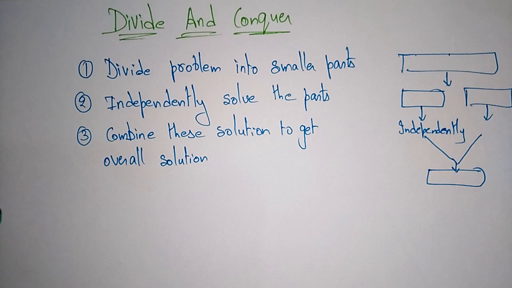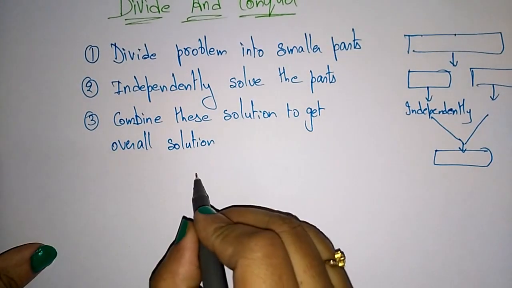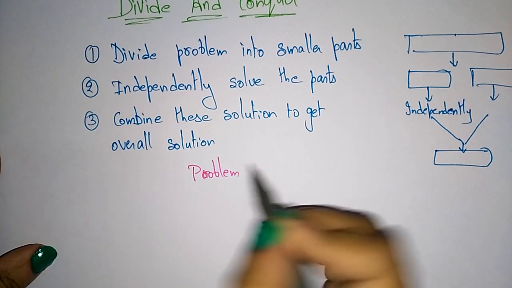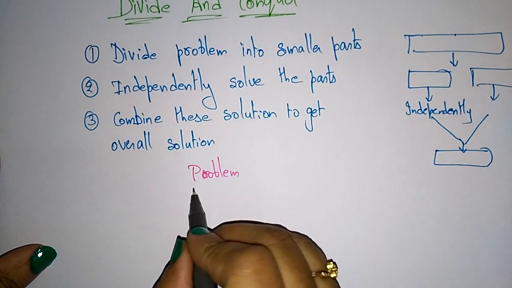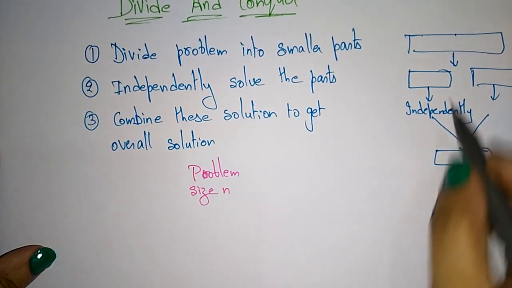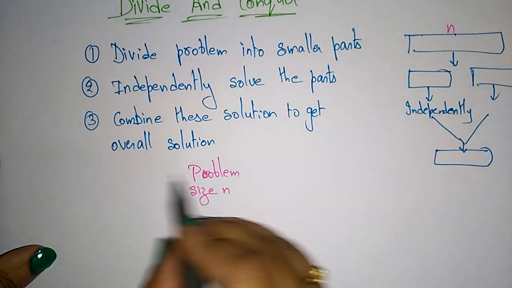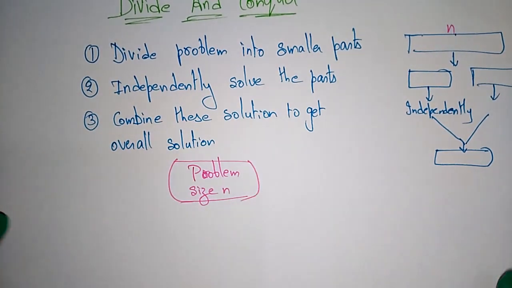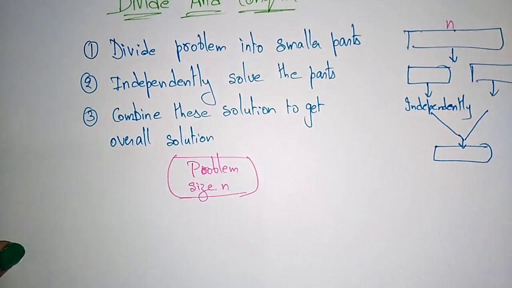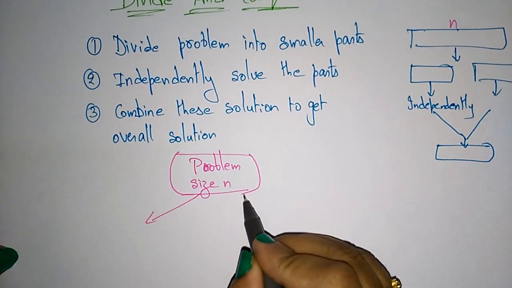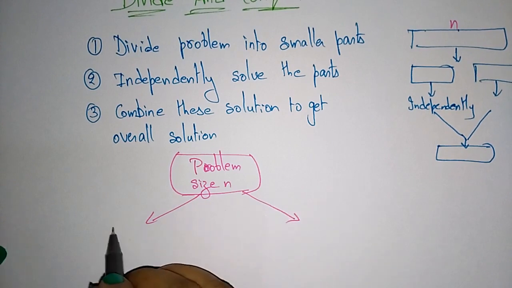Let me explain with a diagram. First take the problem. Let the problem size be n. I have to divide the problem into smaller parts, so I am dividing it into two halves.